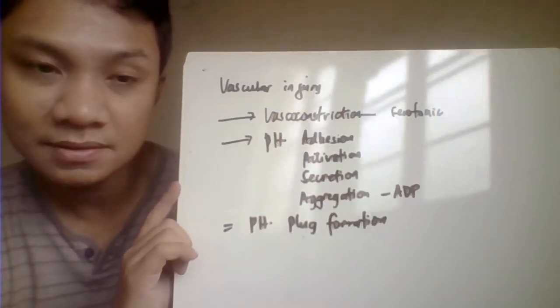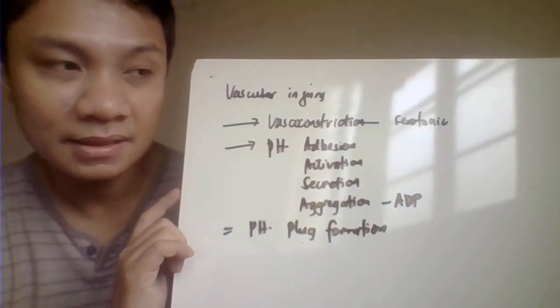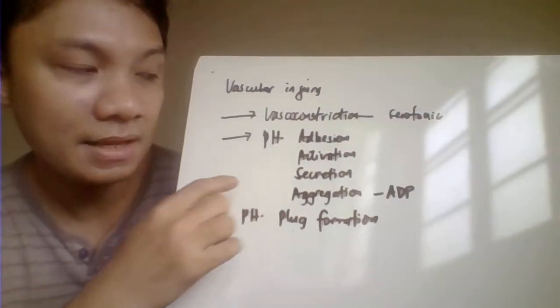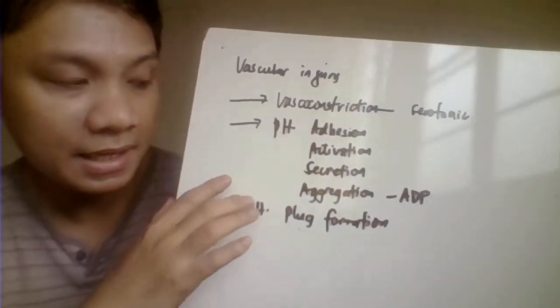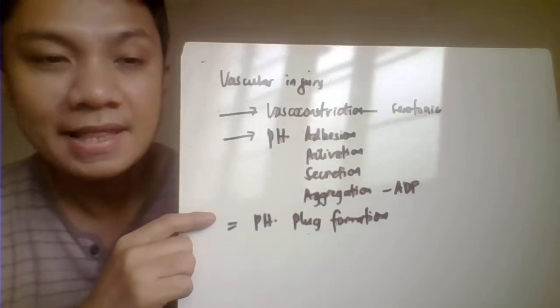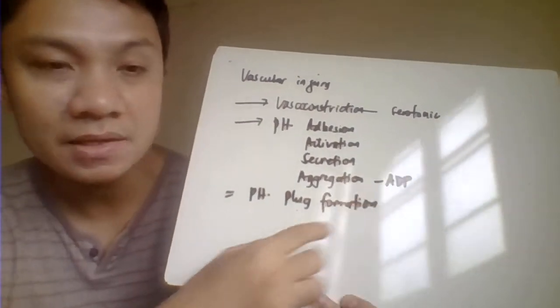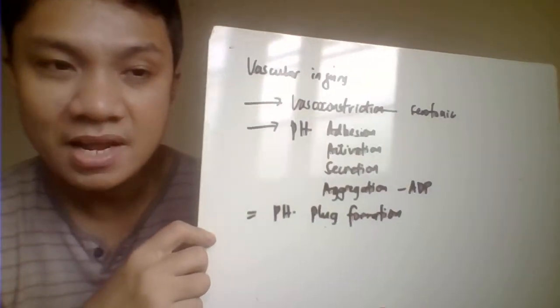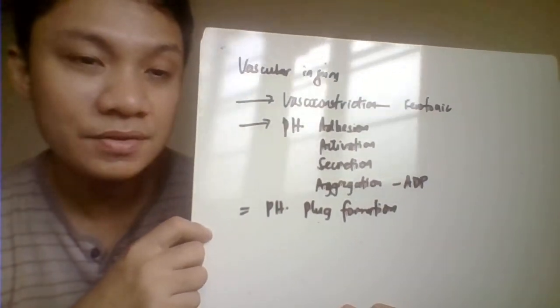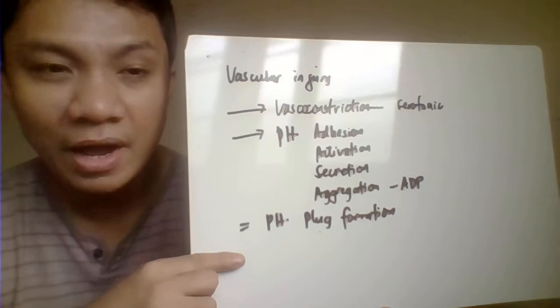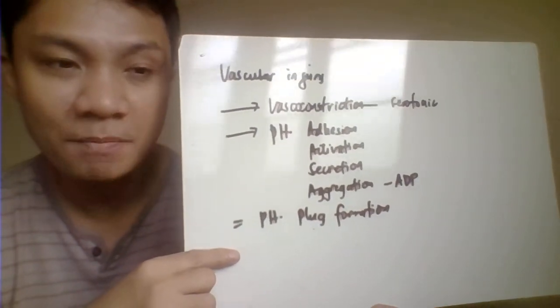Simultaneously, the platelets are going to undergo the platelet activation, the platelet secretion, and we have your platelet aggregation. What aids your platelet aggregation will be the ADP. And ADP is produced or could be found here in the dense granules of the platelets. And you end up with the formation of your primary platelet plug.